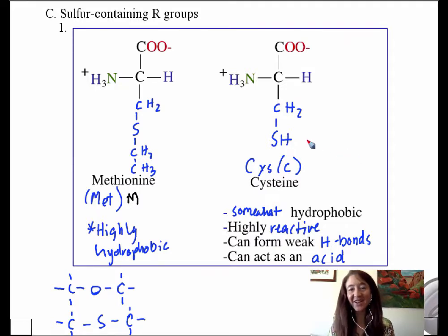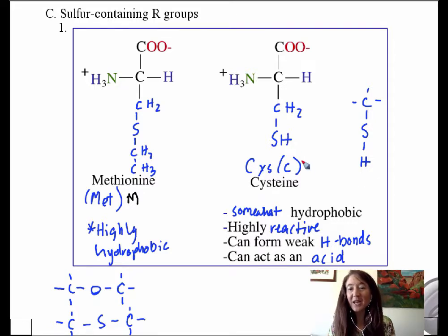It's going to get a little bit jazzed about being able to act in a fairly reactive way at the active site of enzymes. So just as we saw a thioether in the R group of methionine, what we see is a thiol in the R group of cysteine, so a thioether and a thiol. Those are our sulfur-containing R groups.